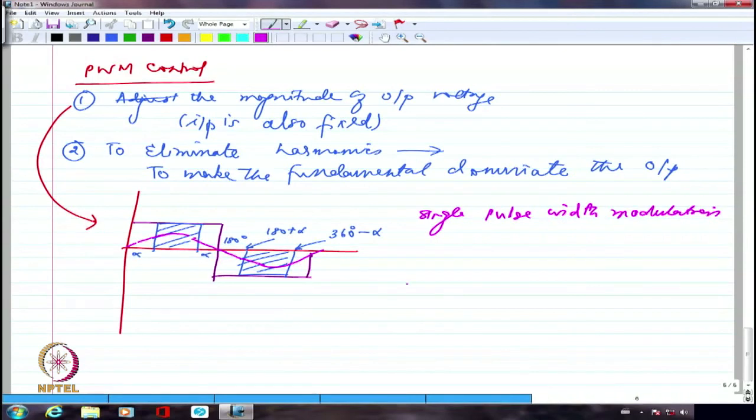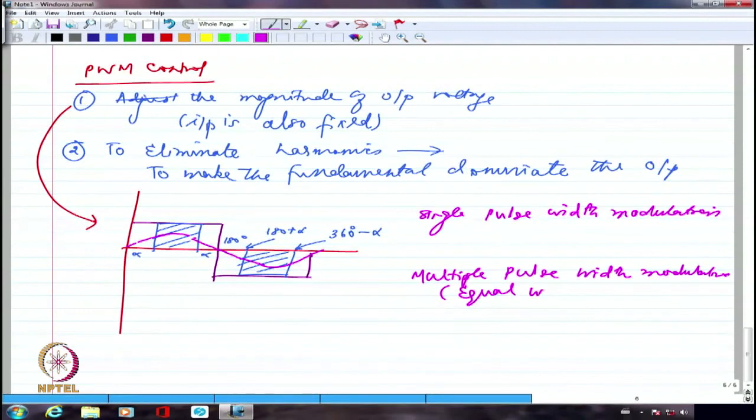I may be able to get multiple pulse width modulation, but I'm going to have, in this case, the first one I'm discussing is equal width. I'm not really modulating the width of this pulse as per the magnitude or amplitude of the sine wave at that point in time.